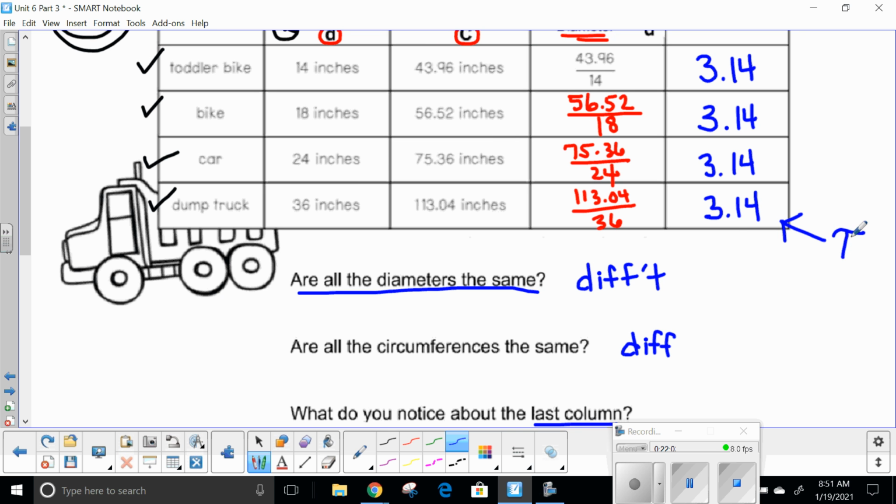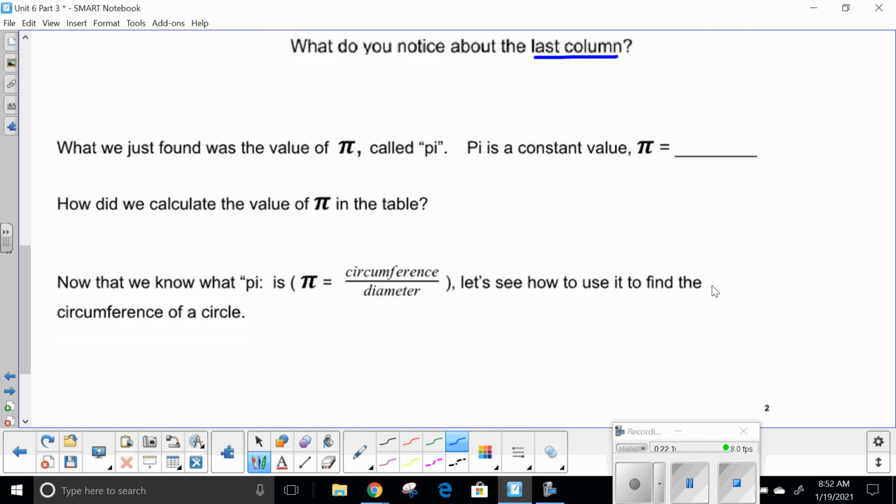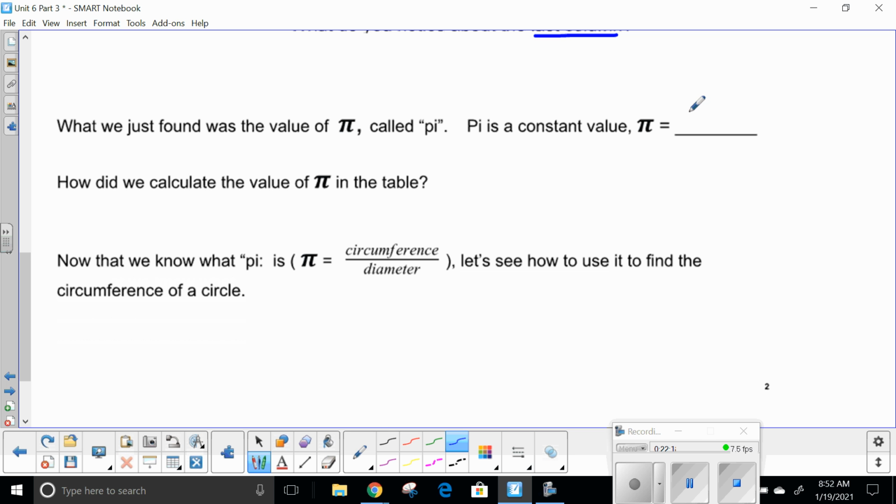So up here in our table, this column represents pi, which equals C circumference divided by D diameter. Okay? Okay. And we know that pi equals what value?